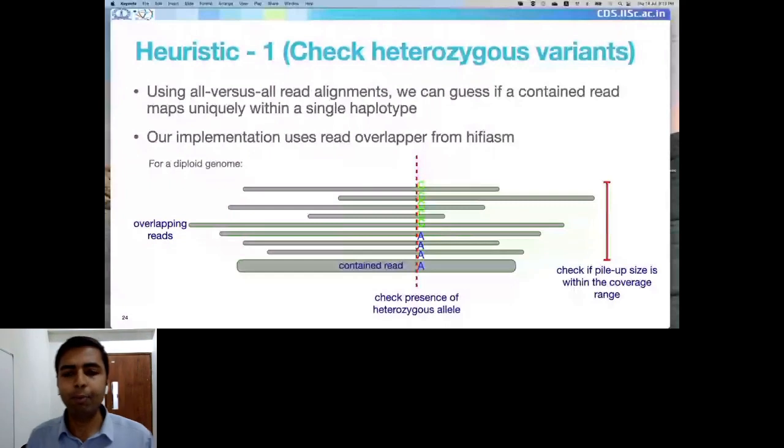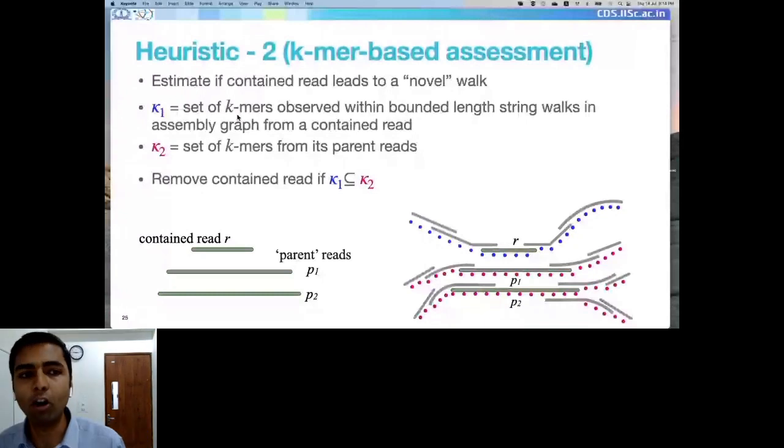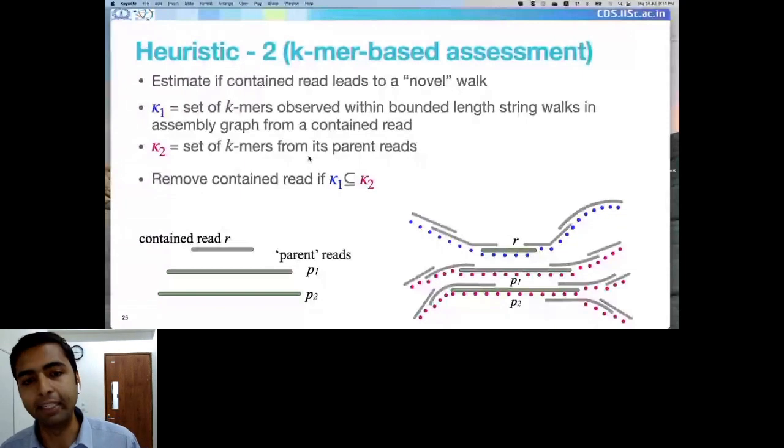The next heuristic that we propose is based on K1 assessment. Here we check whether a contained read leads to a novel walk. To do that, we extract the set K1 of all k-mers observed within bounded length string walks in the assembly graph from the contained read. We also look at the set K2 of all k-mers from the bounded length string walks from its parent reads.